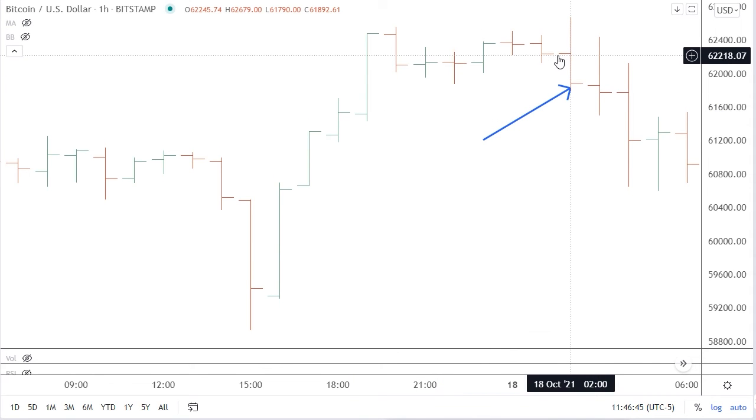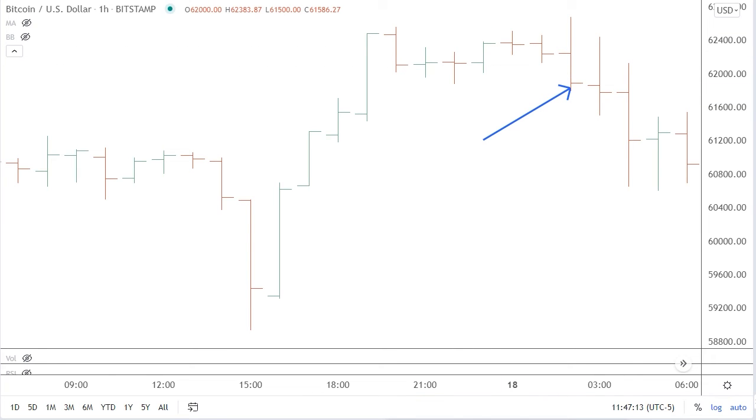Okay, this guy, I can tell by looking at it, it opened right here at about 62,245. And then it traded up to a high of 62,679, and then it traded down to a low of 61,790, and then ended up closing at 61,892.